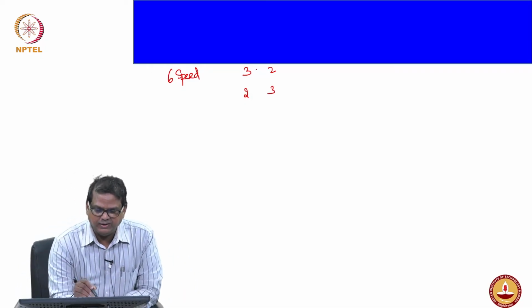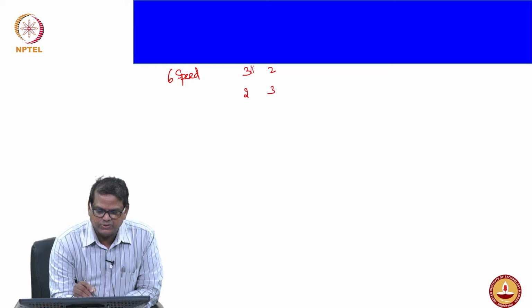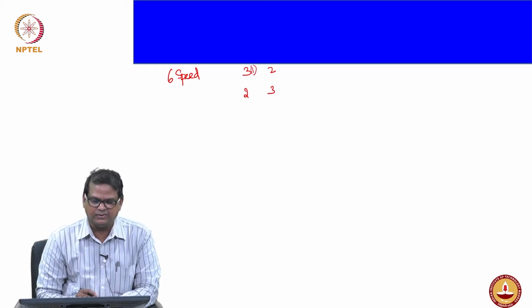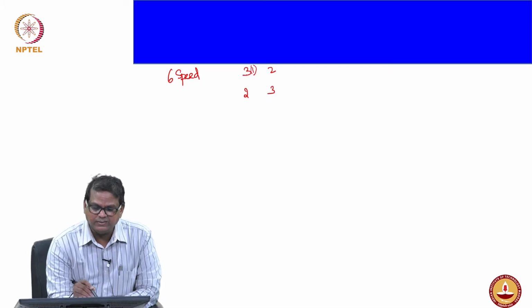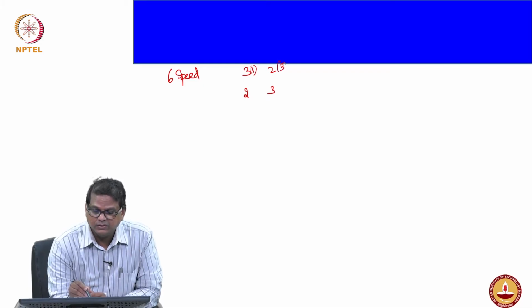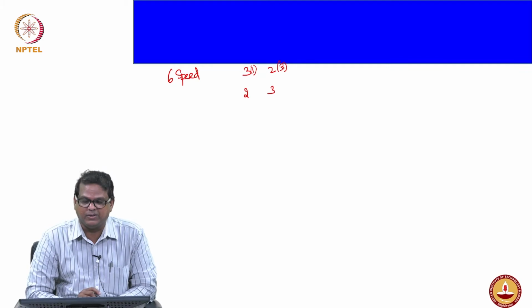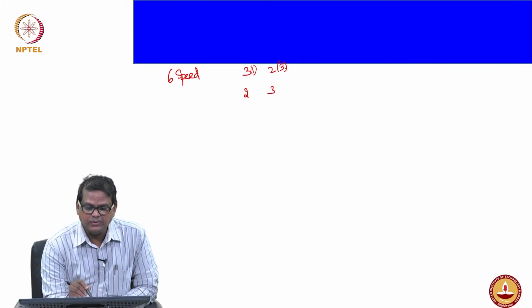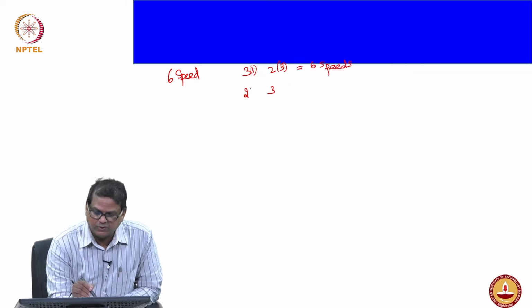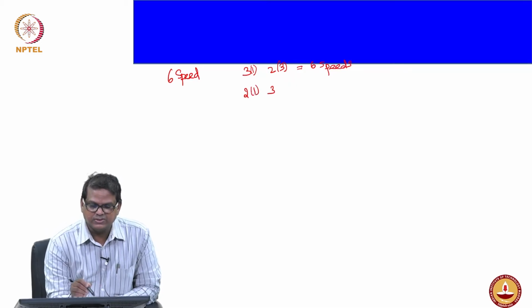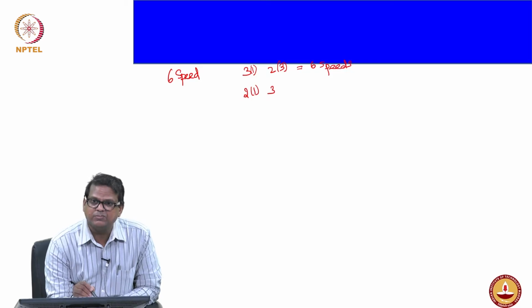When you have a 3, one input speed should give me 3 outputs. The output speeds of stage 1 go to stage 2 as input speeds. So, if you multiply 2 into 3, I should get 6 speeds, right. Similarly, one input is always 1. So, this is my input speed and 2 is my output speed.